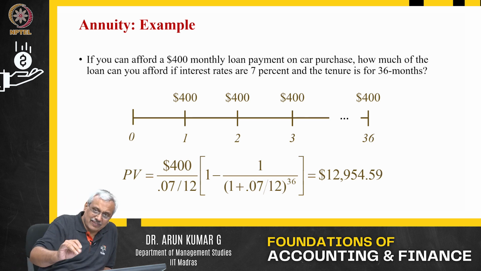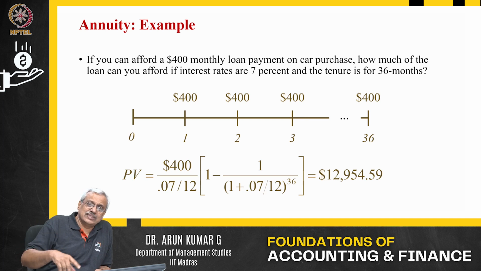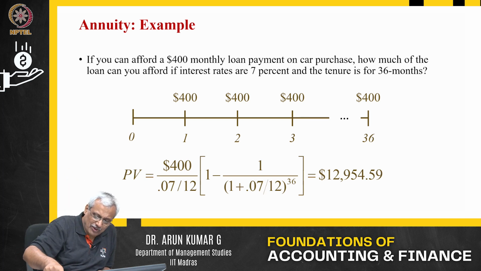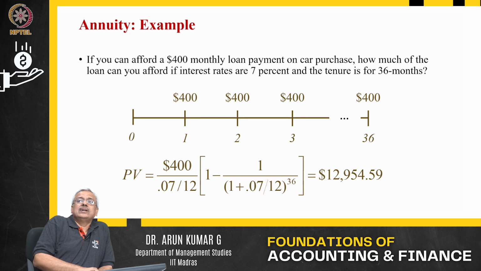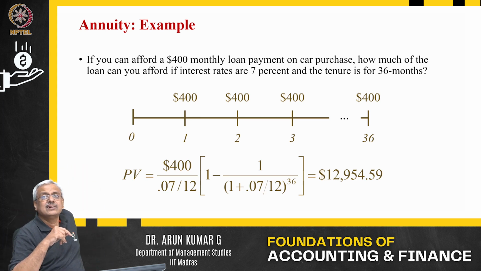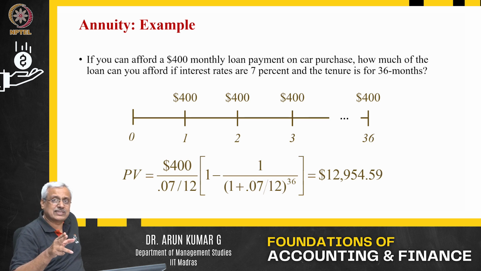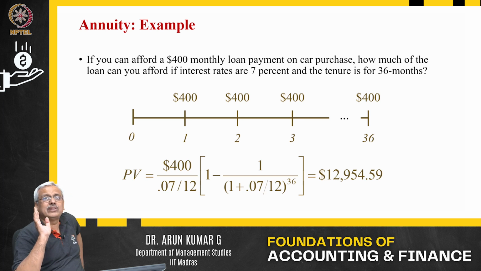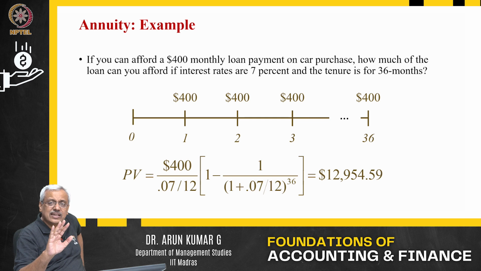If you can pay only 400, the maximum you can borrow is 12,954. If you borrow more than that, you will not be able to complete the loan in 36 months at 7% interest, given that you can pay only about $400. So that is annuity, with a fixed time period.